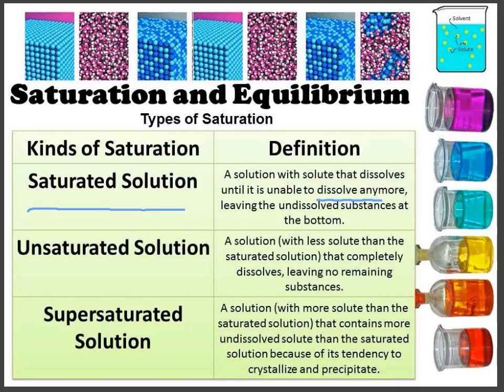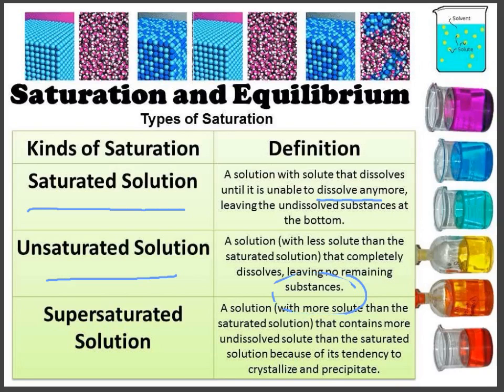When we talk about an unsaturated solution, on the other hand, this refers to a solution with less solute than the saturated solution. It means that the solute is completely dissolved, leaving no remaining substances. So there is very little or none left as compared to the saturated solution. For the supersaturated solution, it is a solution with more solute than the saturated solution.